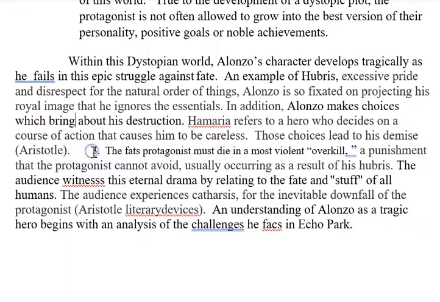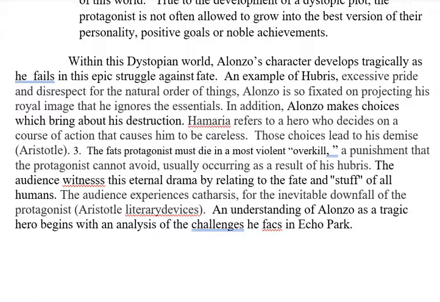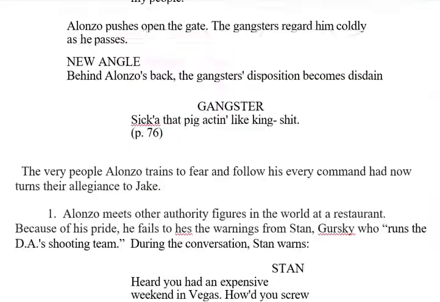Right? So this is that paragraph where we indicate the 3 things that Alonzo does that make him a tragic hero. And then this is our transition to the major issues of the essay.